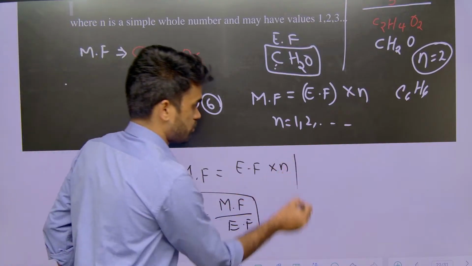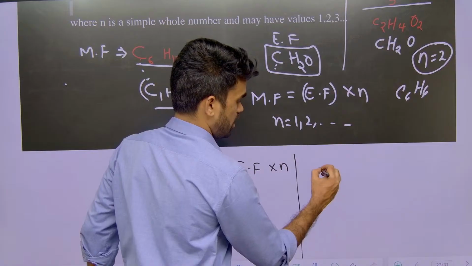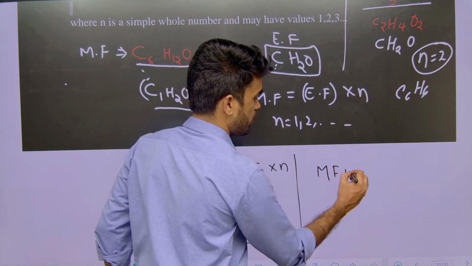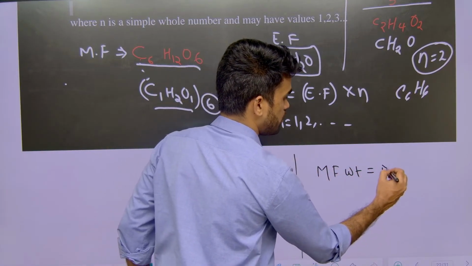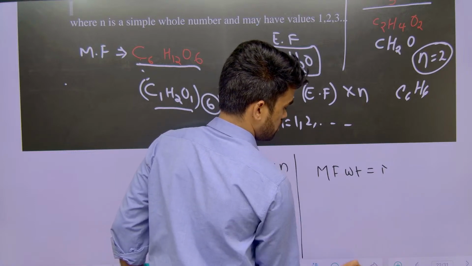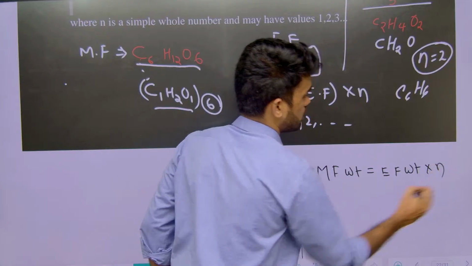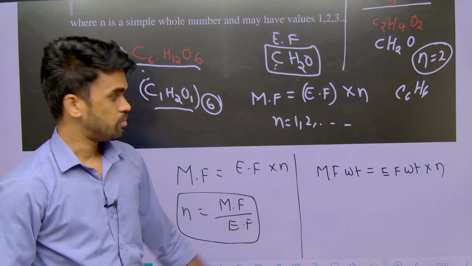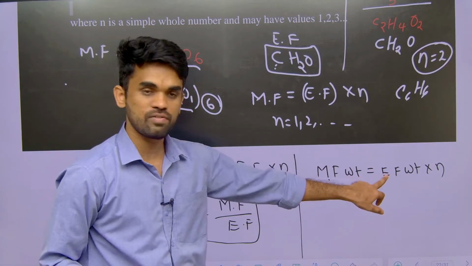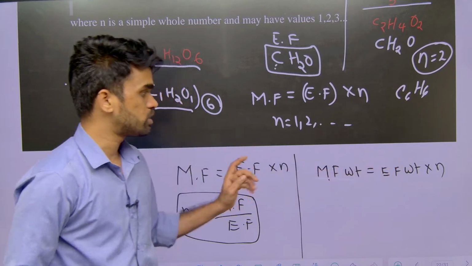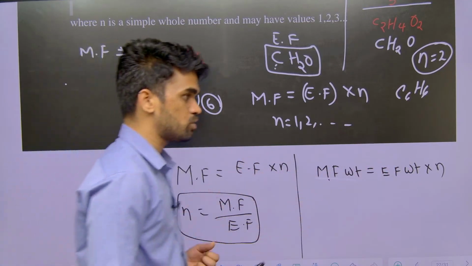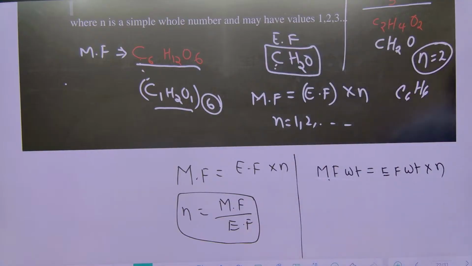See, molecular formula weight will be equal to empirical formula weight into n. Can I do like this? Molecular formula weight equals empirical formula weight into n. So both can be used. Okay, we will do 1-2 questions on this. You just write this.